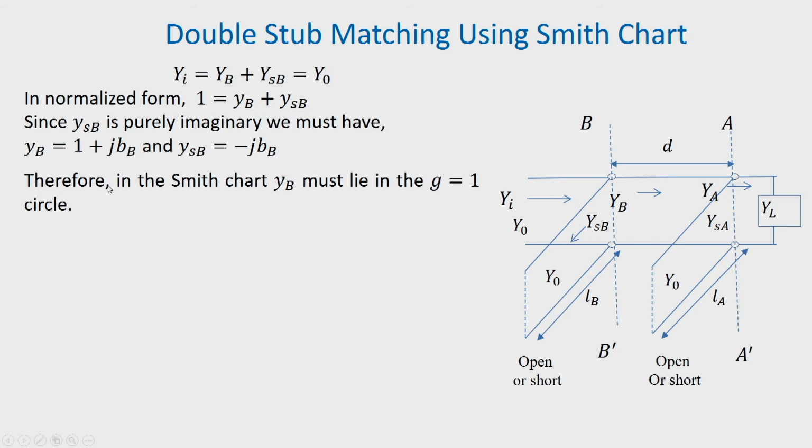And therefore, we find that in the Smith chart y_B must lie on the g equal to 1 circle.